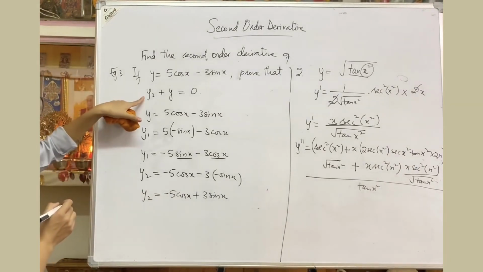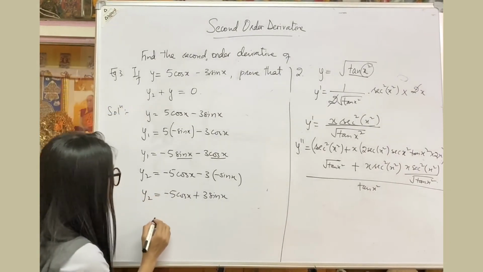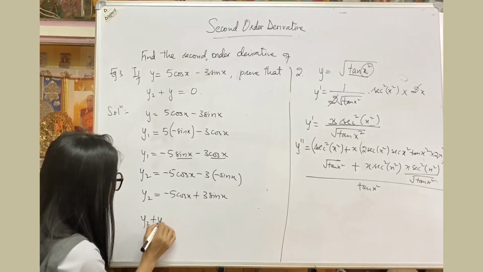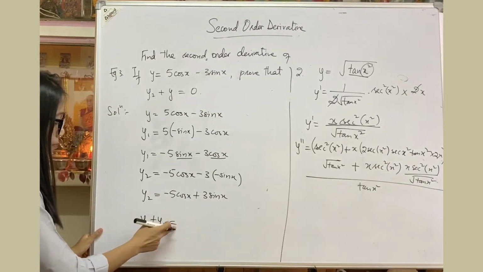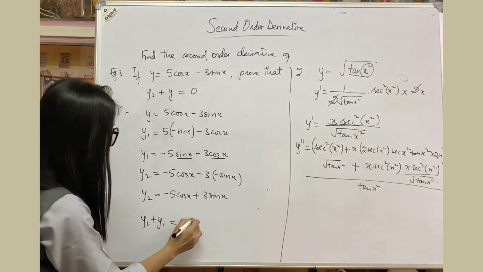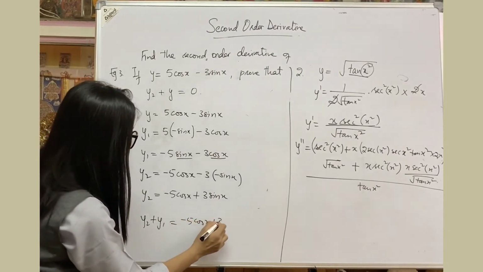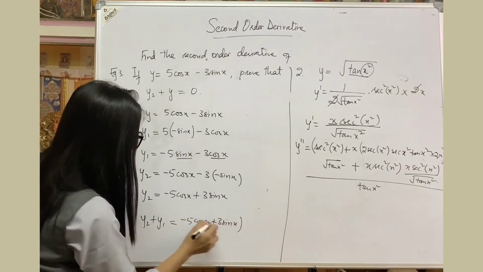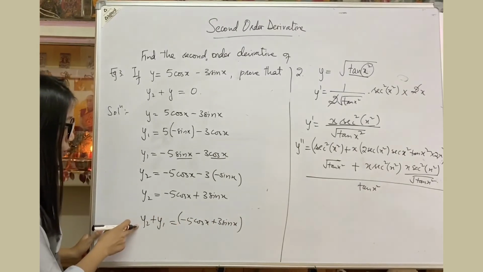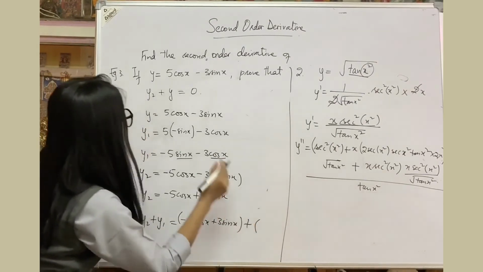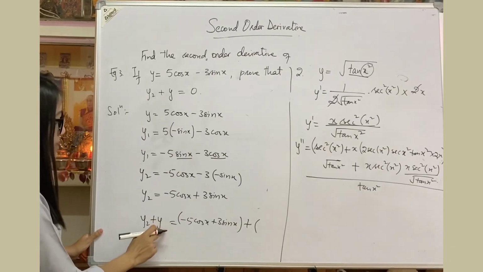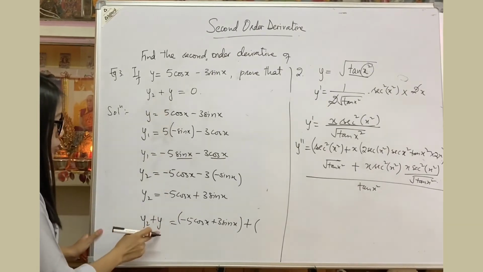Now I'll substitute it here. So I get y2 plus y is equal to minus 5 cos x plus 3 sin x. This is your y2. Plus y, not y1, sorry, it's y2 plus y.